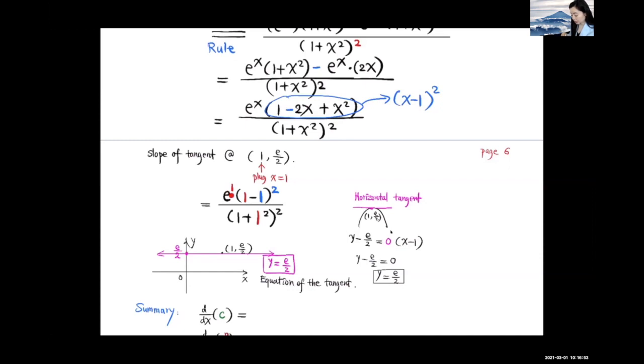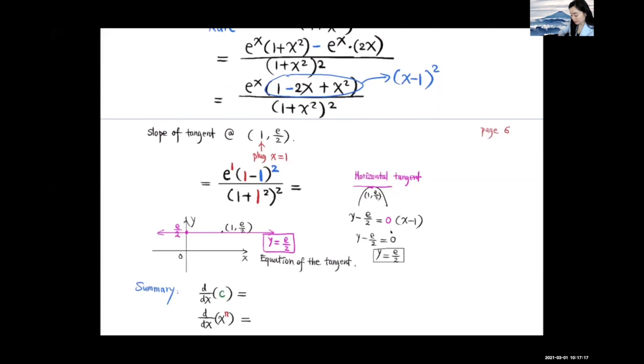So substitute 1 into x over here, you get e to the first power, and now you have 1 minus 1 squared, and down here you have 1 plus 1, and then here squared, right? 1 minus 1, here it is going to be 0. So this part here is 0. So we get 0. 0 divided by a non-zero quantity is 0. Okay? So we got 0.